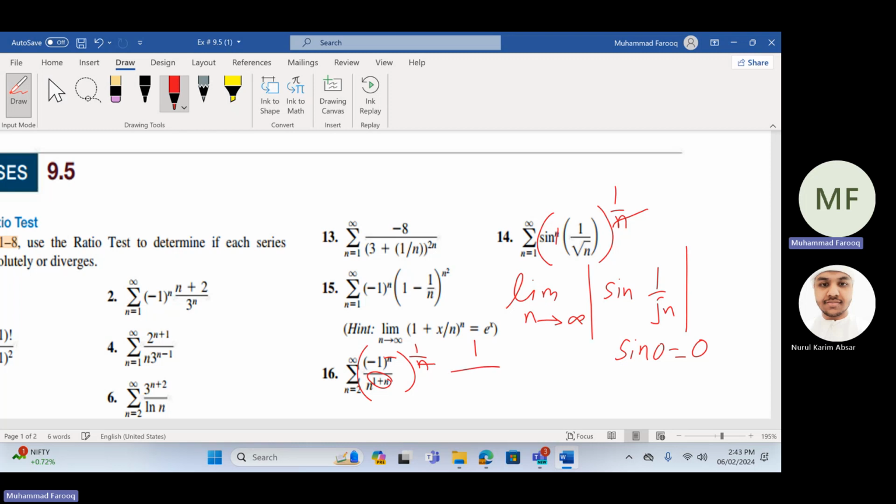You have 1 over n raised to power (1 plus n) over n, because 1 plus n times 1 by n is this one. Okay? And now, break it: n power 1 by n, by n plus 1. Yes, it's better to break it exactly.